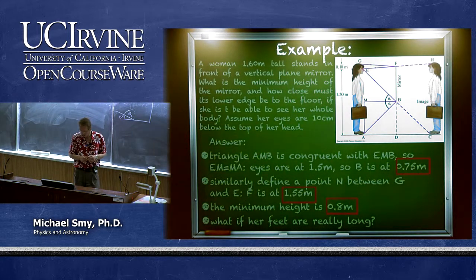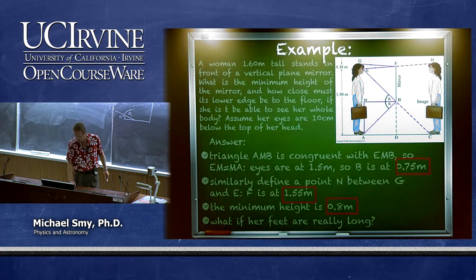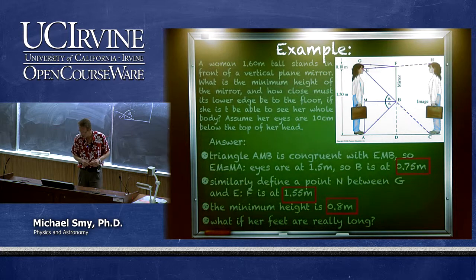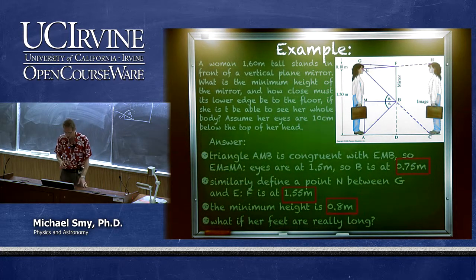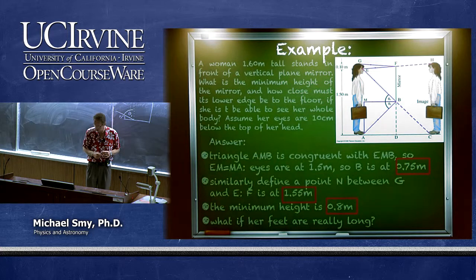Since E is the height of her eyes, and it's 10 centimeters below the top of her head, so that's 1.5 meters off the floor. And that means that B or M have to be at a height of 0.75 meters. So we've already solved the part how close the lower edge has to be to the floor. It's 0.75 meters.